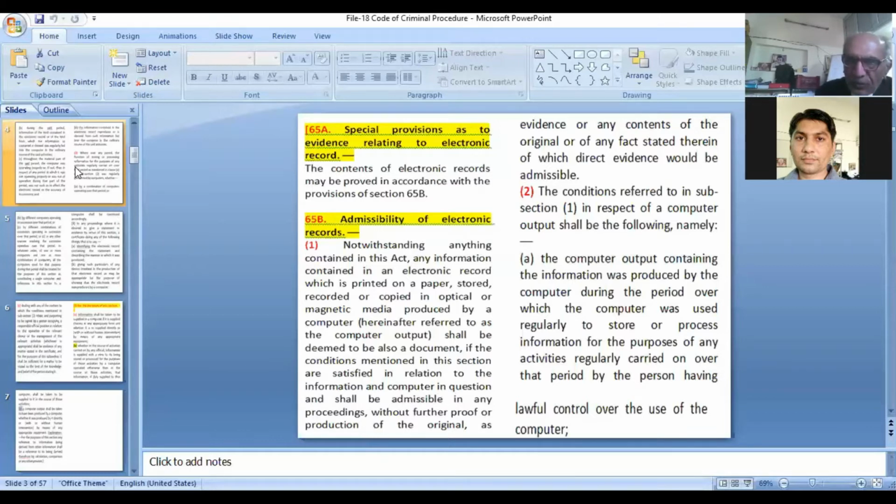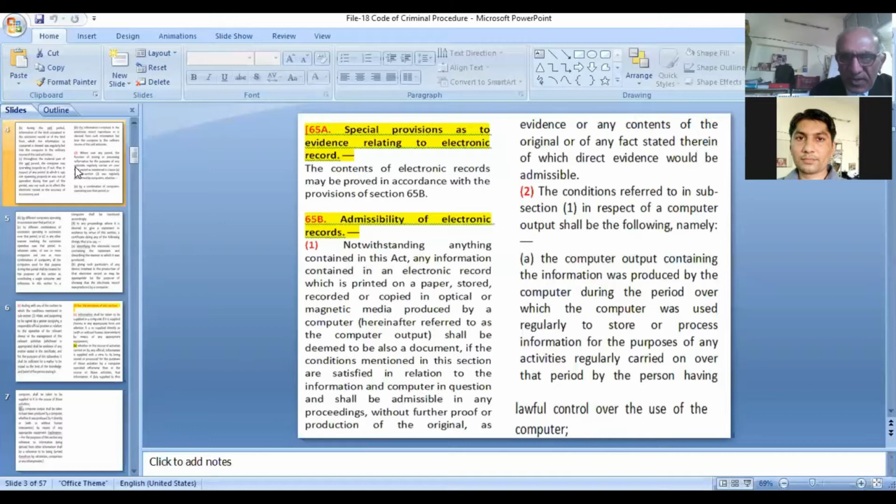So document here in this context is being defined as computer output. Computer output is being defined as an electronic record, information printed on paper or stored, recorded, or copied in optical or magnetic form media produced by a computer.